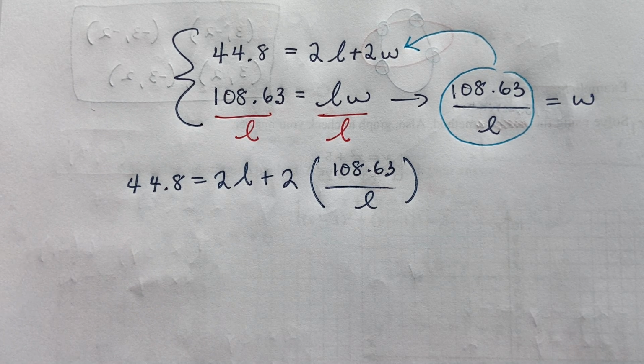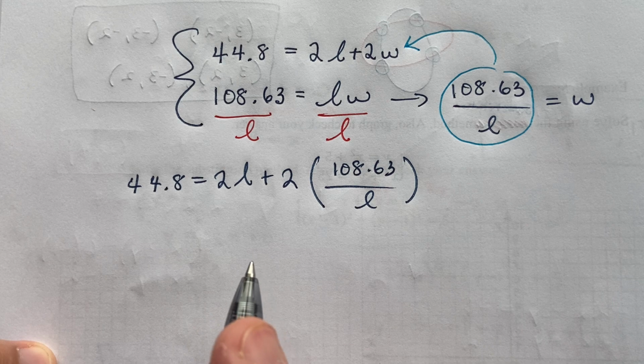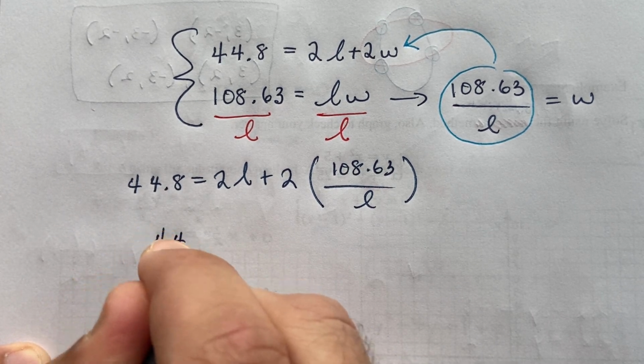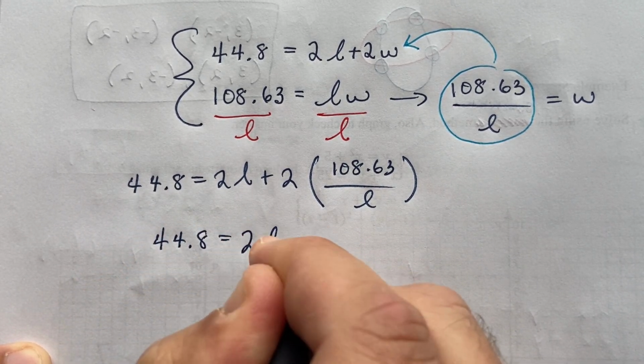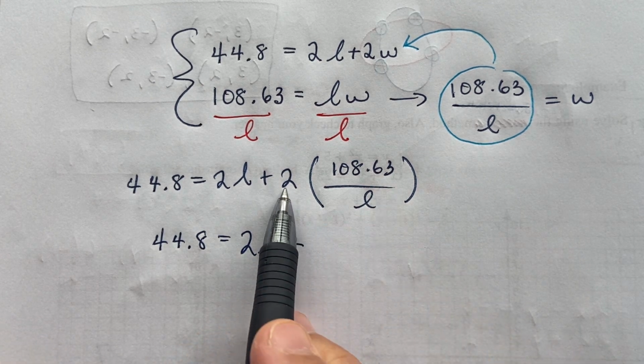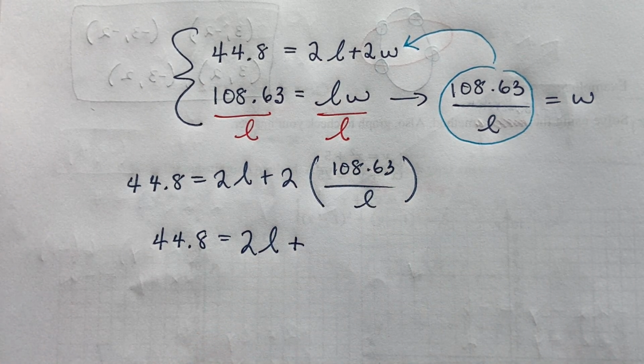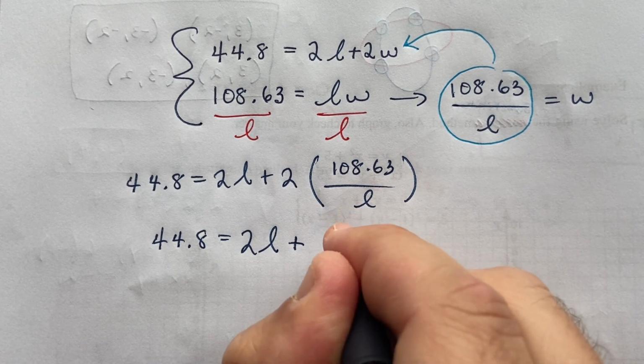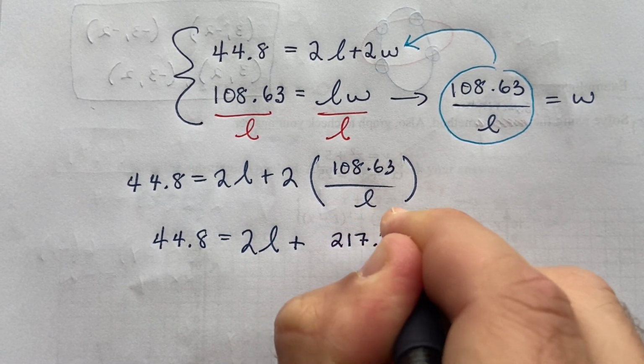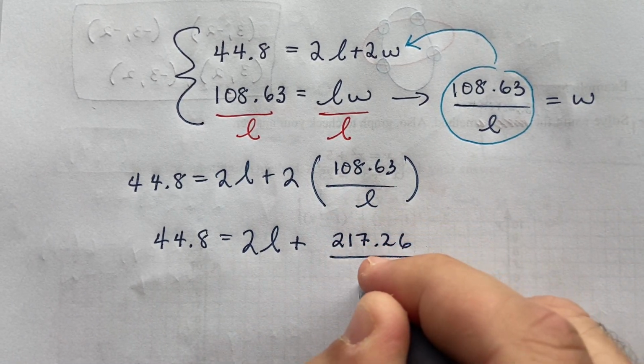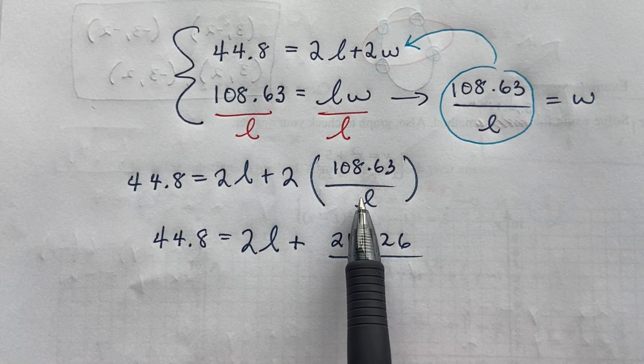All right, I'll go ahead and simplify a bit. So 44.8 equals 2L plus, and I'll go ahead and actually figure out what 2 times 108.63 is. So that is 217.26, and I still have L on bottom.